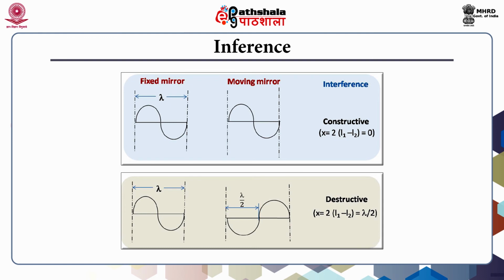The third inference is that for monochromatic radiation, the constructive interference will repeat when the moving mirror is additionally displaced by a distance equivalent to half lambda, or 3/2 lambda, or 5/2 lambda, or 7/2 lambda and so on.